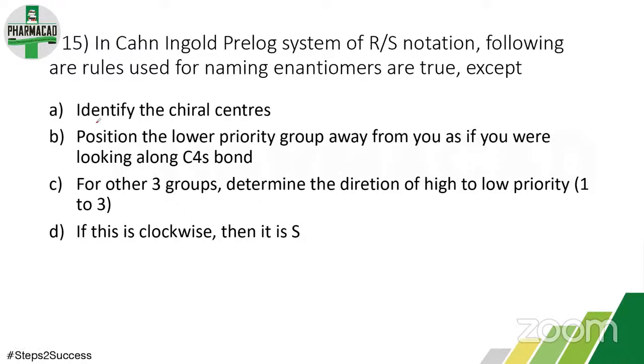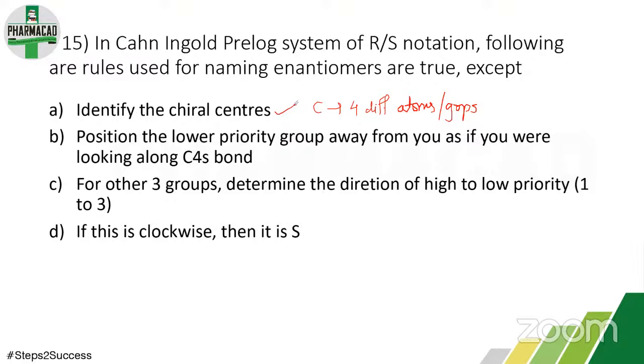Obviously, firstly we have to identify whether our compound contains a chiral center or not. What is a chiral center? When a carbon atom is attached with four different atoms or groups. So the statement is correct.